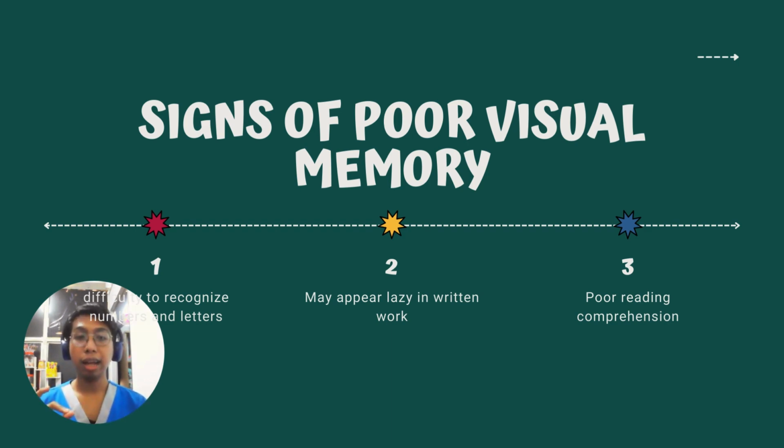Can you recognize if that is an A or just a round shape? This is something that parents should take note of, because poor visual memory means they have difficulty recognizing number and letters. So it would impact them in terms of reading comprehension, which becomes poor.